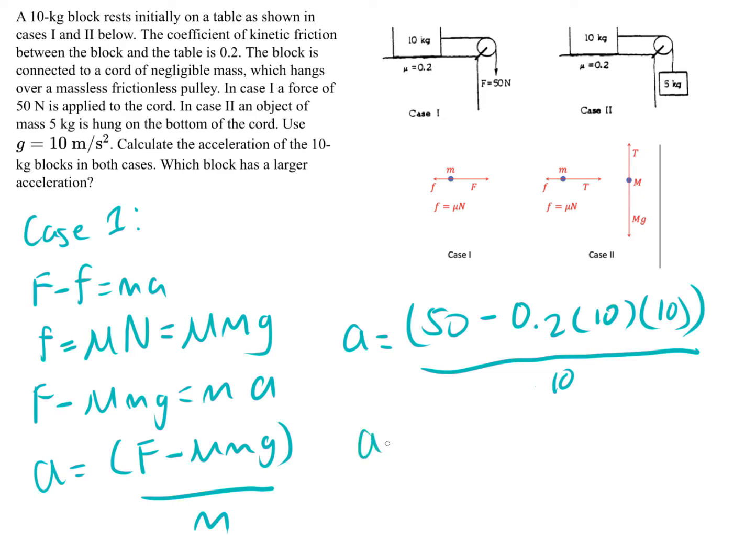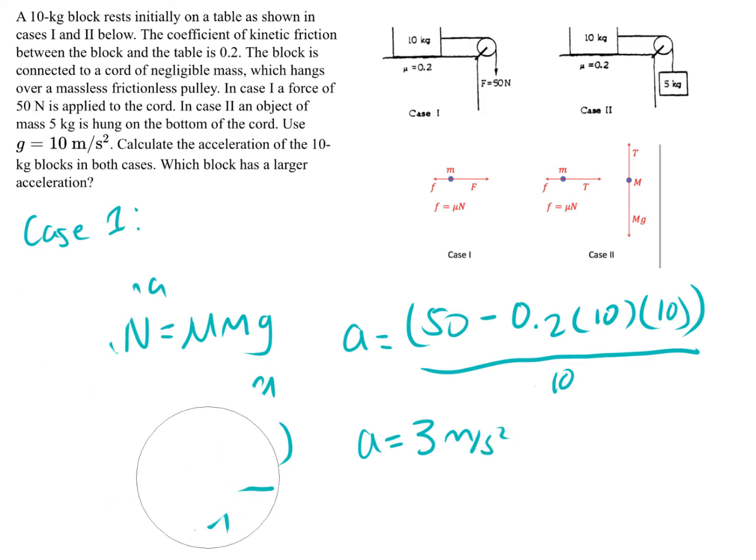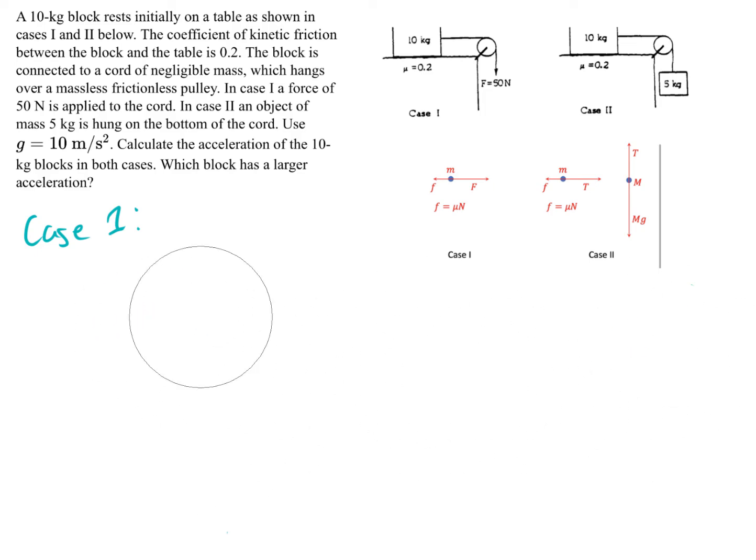So you get that the acceleration is equal to 3 meters per second squared. And that is for case 1. So for case 1, the acceleration is equal to 3 meters per second squared.